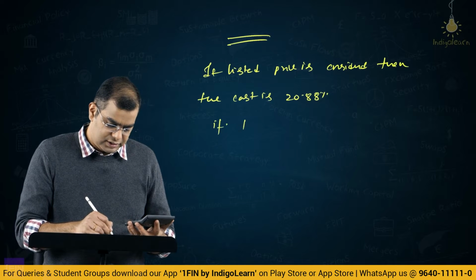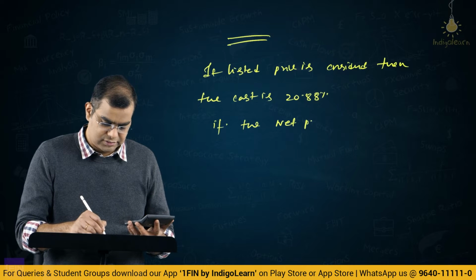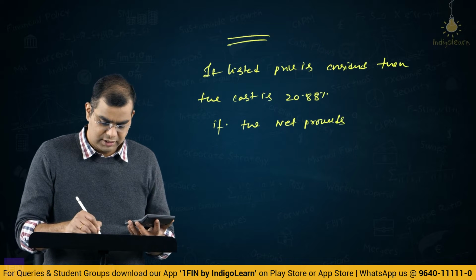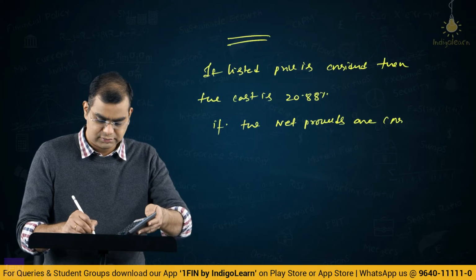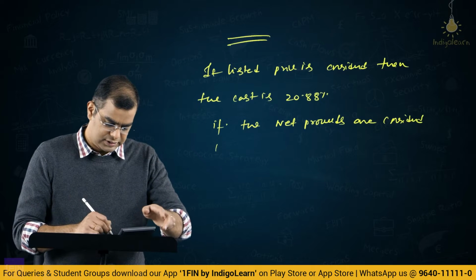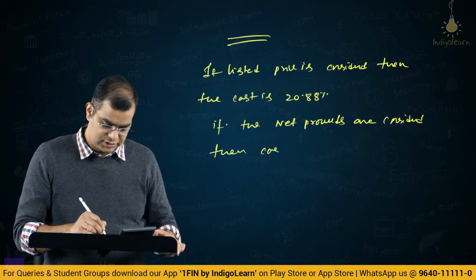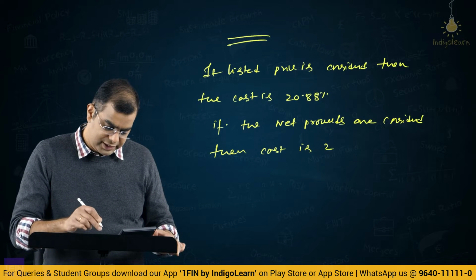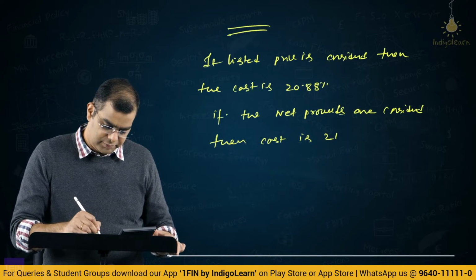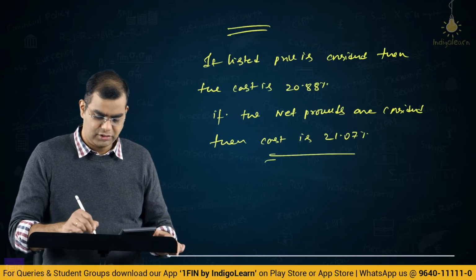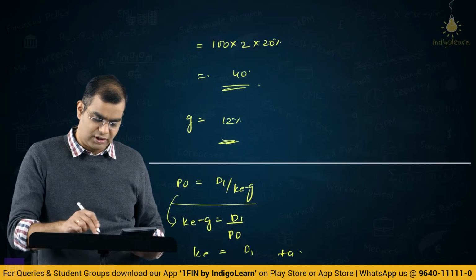If the net proceeds are considered, then the cost is 21.07%. Okay, this is the way you have to solve.